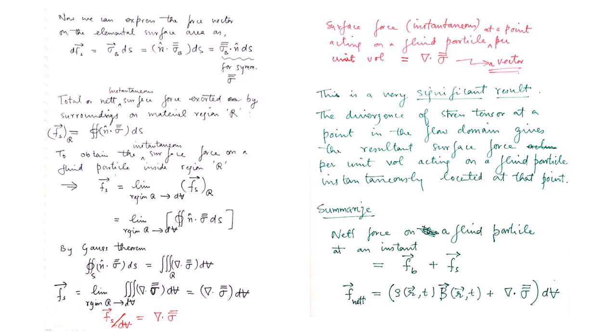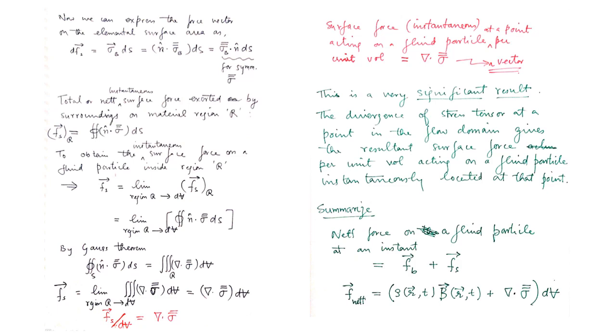So what we are left with is the final expression for the surface force acting on the fluid particle. That means if I notionally multiply the value of the divergence of the stress tensor at the point where the particle is by the volume of the particle, I will get the surface force on the fluid particle.